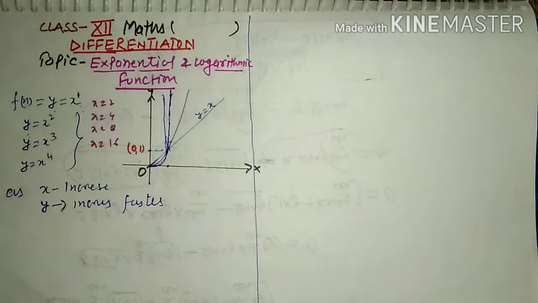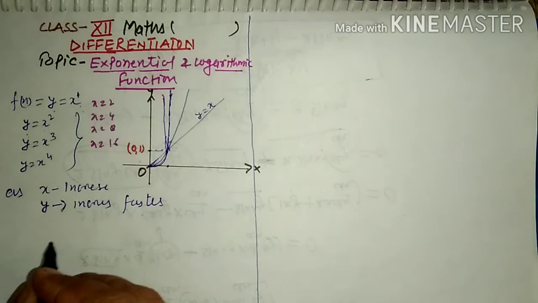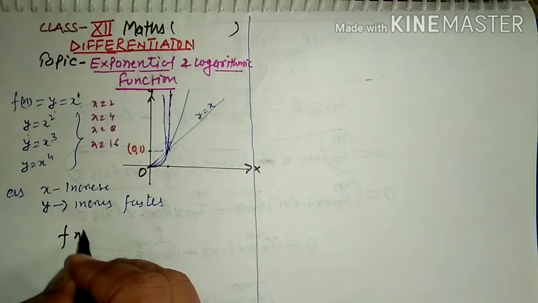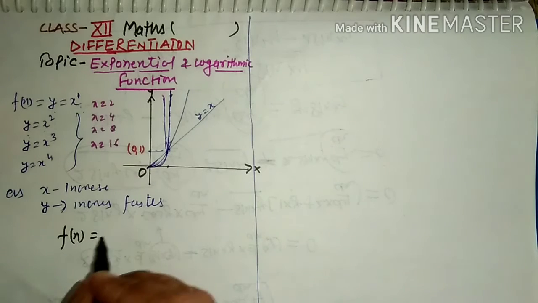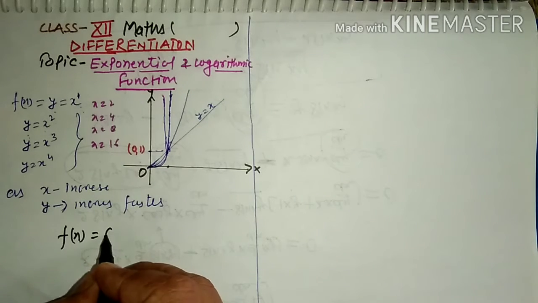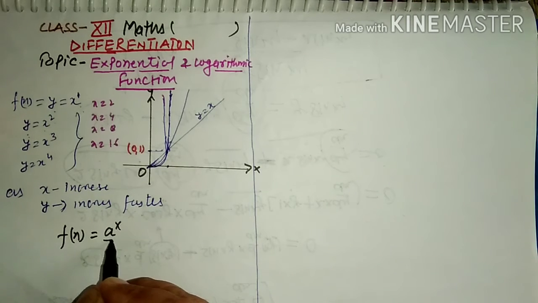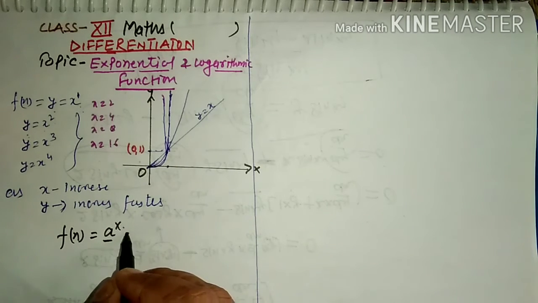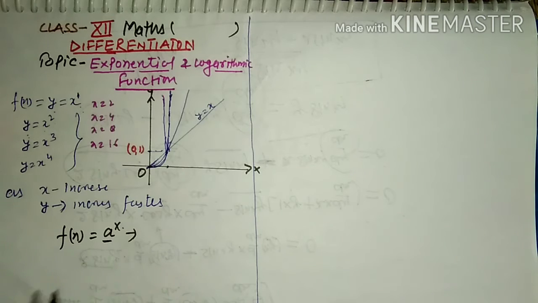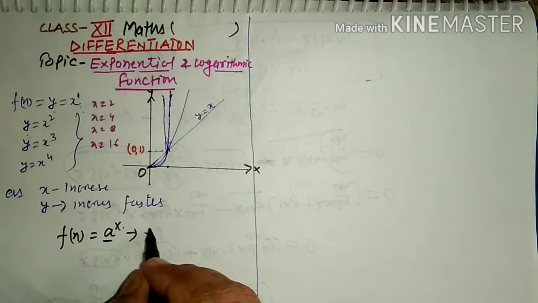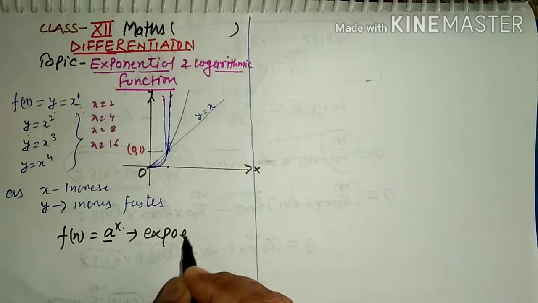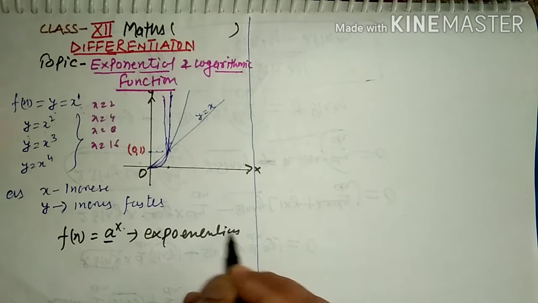And that function is f(x) is equal to a constant to the power x. किसी कांस्टेंट की पावर x. Clear? And this is called exponential function.